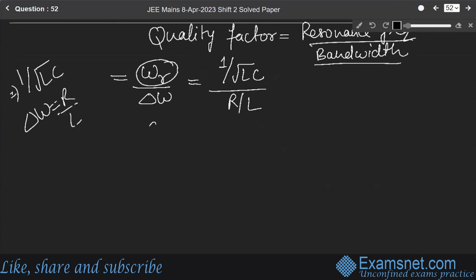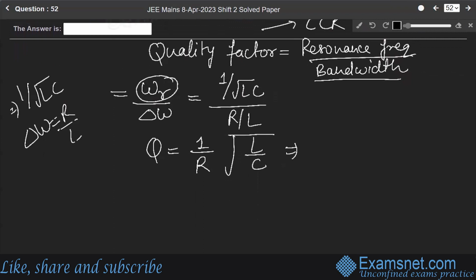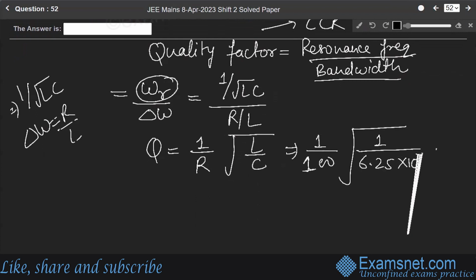So solving this, we get quality factor Q equals 1 over R under root of LC. Now putting in all the numerical values: R is 100 ohm, L is 1 Henry, and the capacitor is 6.25 microfarad. So it will be 1 over 100 into under root of 1 over 6.25 into 10 to the power minus 6.